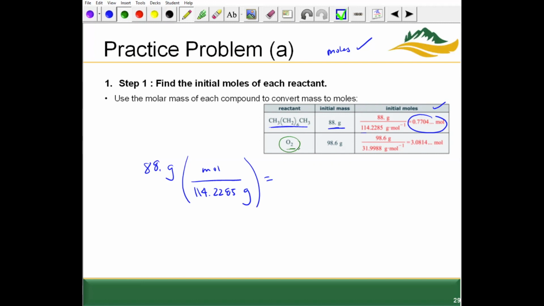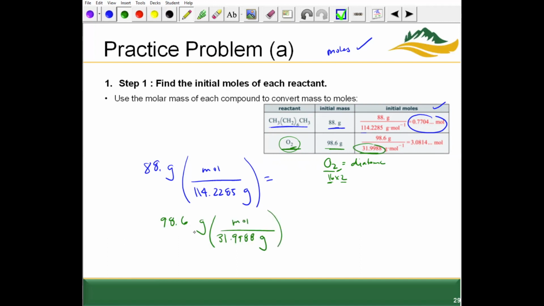So now we can look at oxygen as well. We were told it started out at 98.6 grams. The molar mass of oxygen is 32 because there are 2 oxygens. So O2 is a diatomic, so technically the molar mass of oxygen is 16 times 2, the atomic mass of oxygen times 2, because this is diatomic oxygen, so that molar mass is about 32.